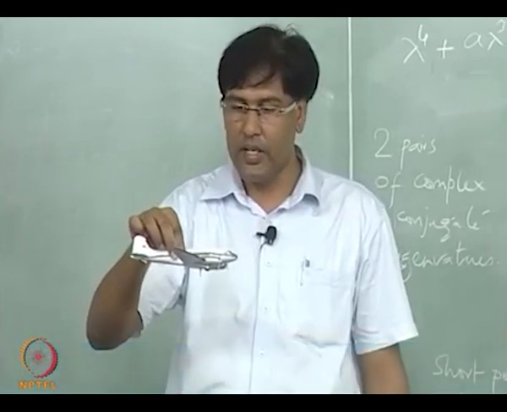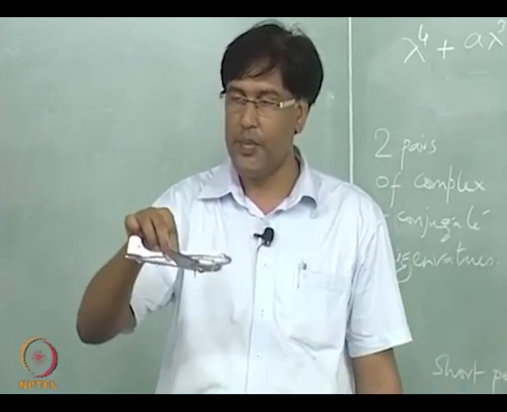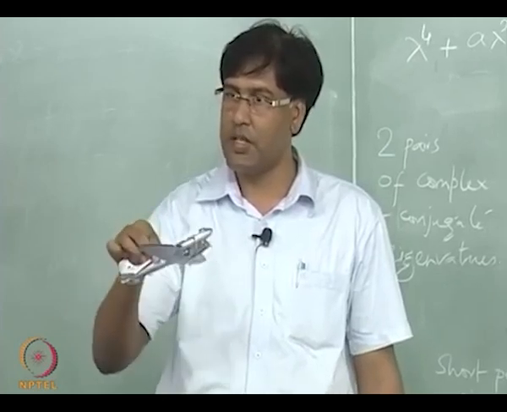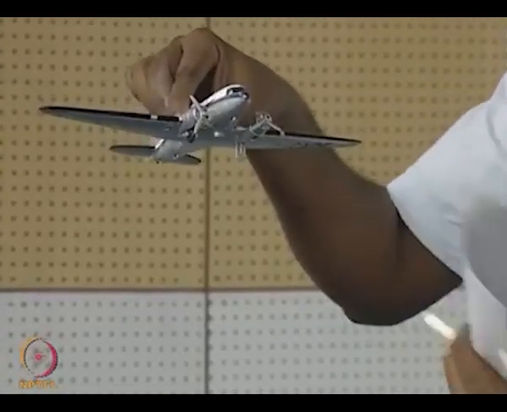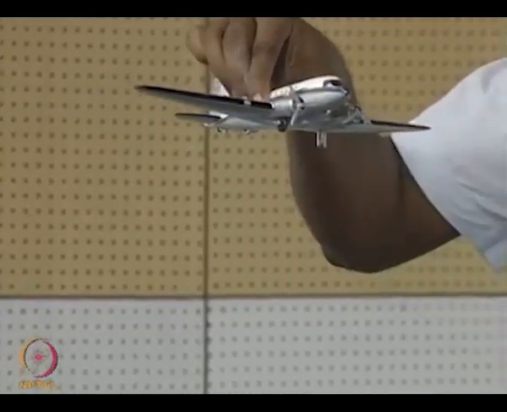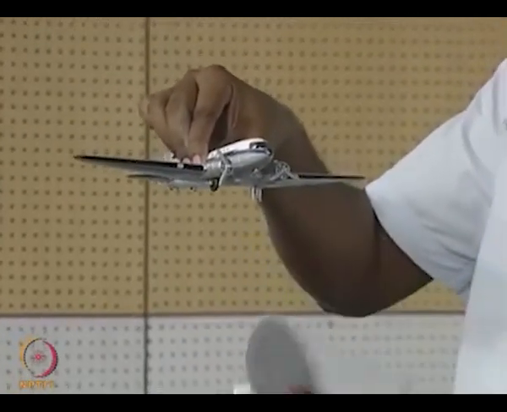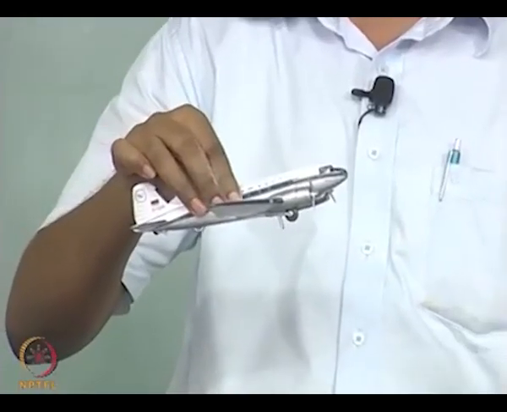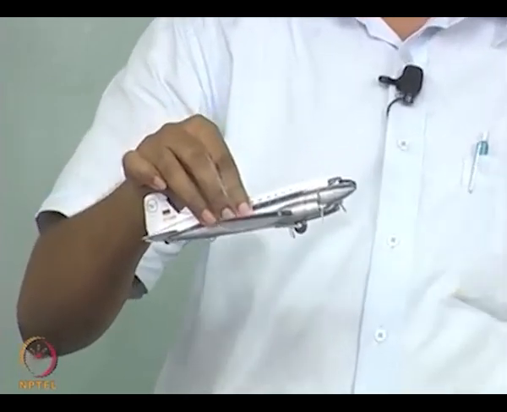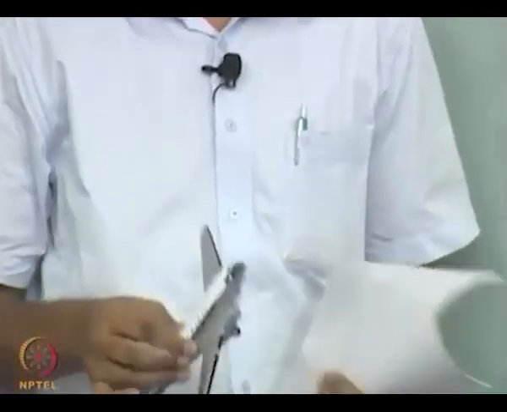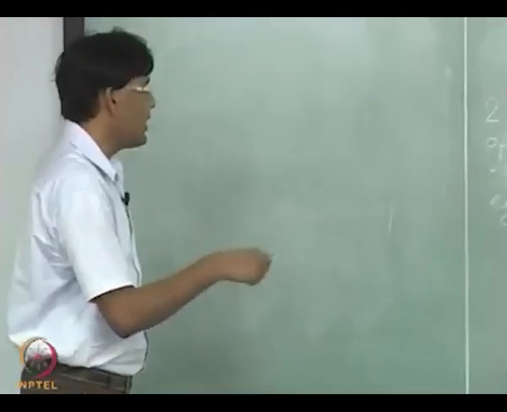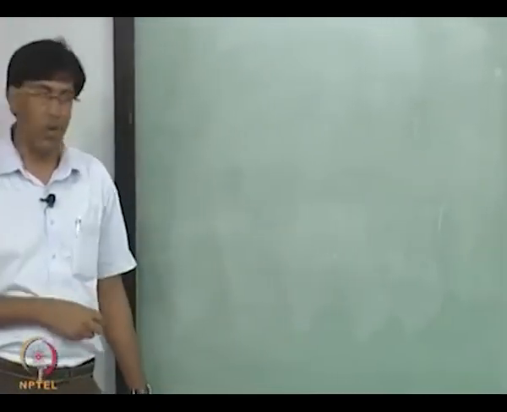The short period motion is a very fast pitching motion and highly damped. So when a disturbance hits the aircraft, it starts doing this motion, which damps out fast, and that is the short period motion.